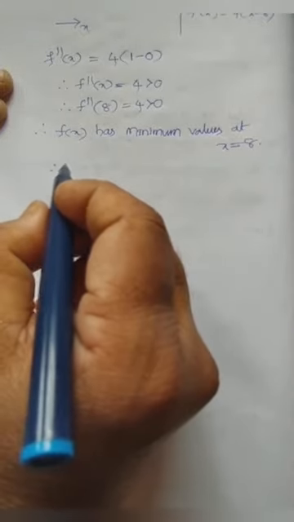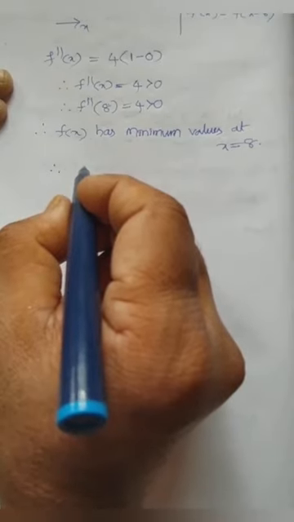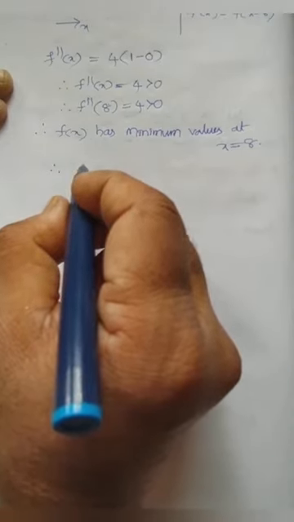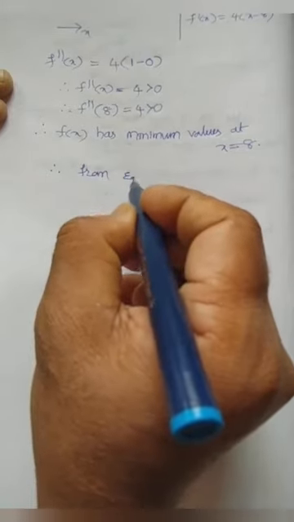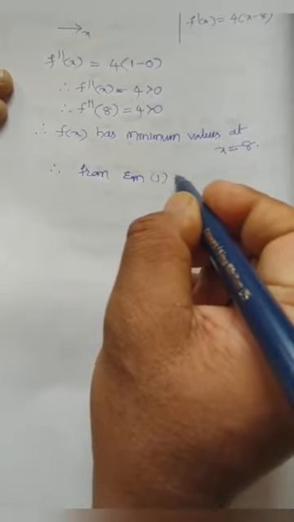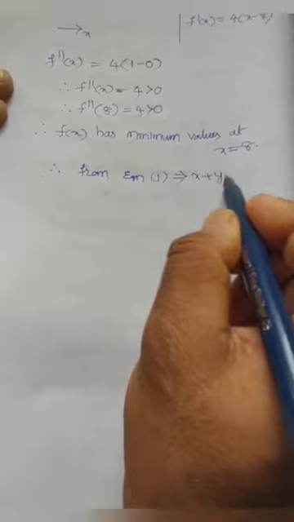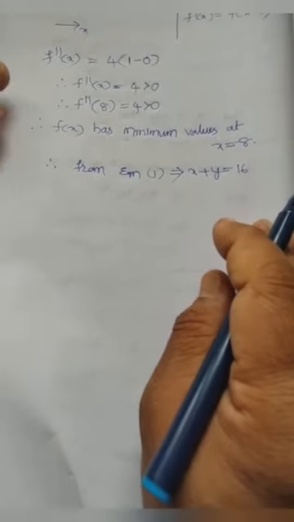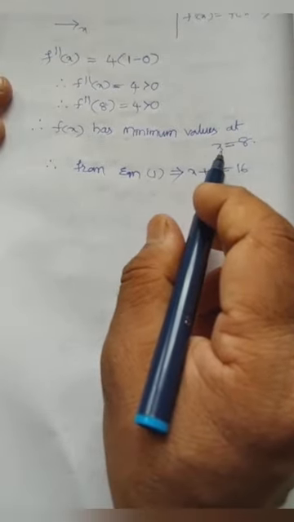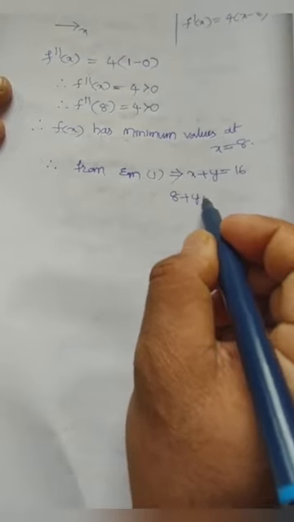Therefore the remaining positive integer we need to find. For that we are approaching equation number 1. From equation 1, the sum of the positive integers is what he had given? 16. So x plus y is equal to 16. So from here, x value is 8, so 8 plus y is equal to 16.